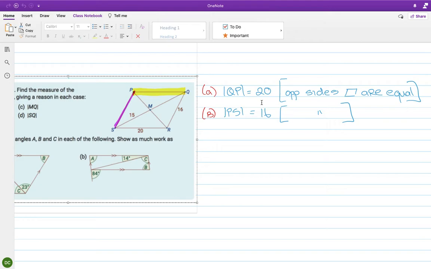Part C, MQ. So there's MQ. MQ is equal to 15, and that's because the diagonals bisect each other.